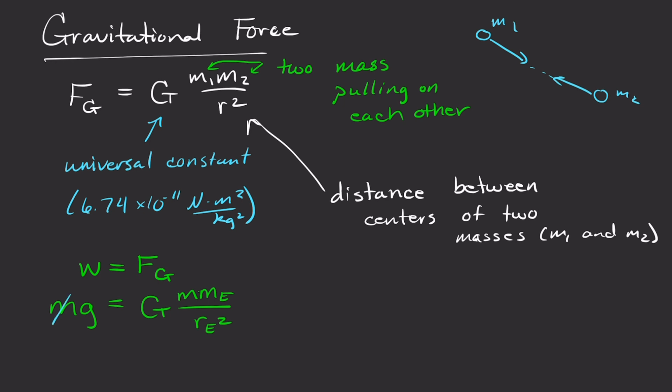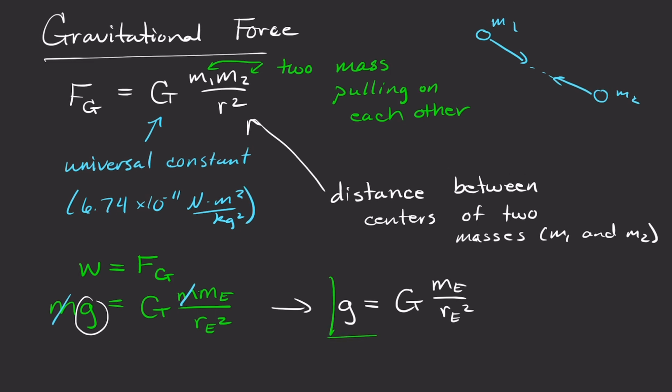Well, if you notice, your mass shows up in both terms, and now you get the value of little g. So little g equals big G times the mass of the Earth over the radius of the Earth squared.